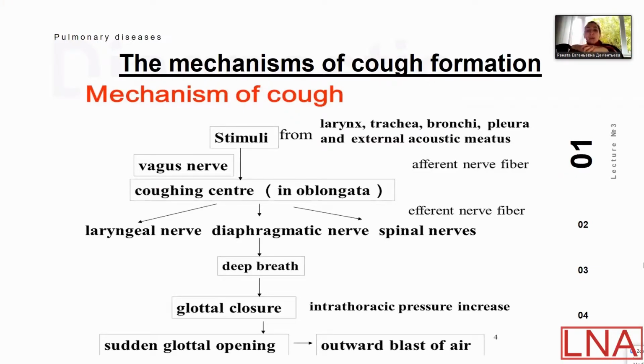Then it goes to a deep breath, glottal closure, increasing intrathoracic pressure, and then sudden glottal opening and an outward blast of air. So this is the mechanism of cough formation, the main protective mechanism.